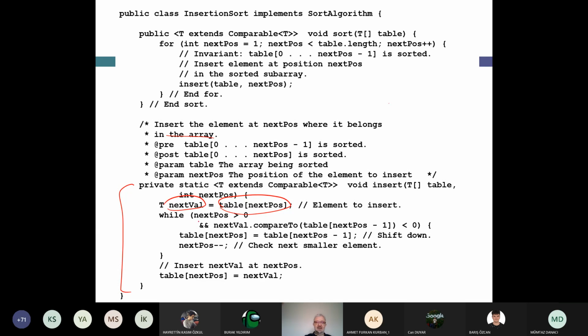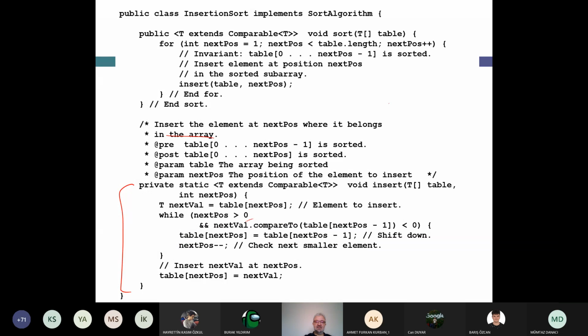Then while next pos is greater than 0 and the previous element in that position is greater than the next value saved, put aside, we shift and decrement next pos, right?